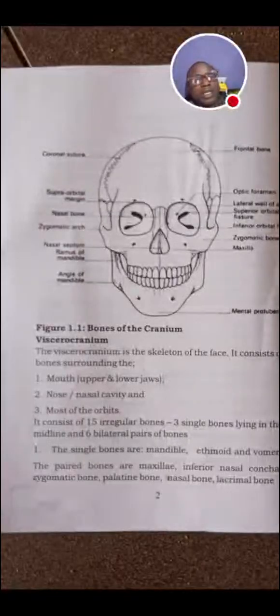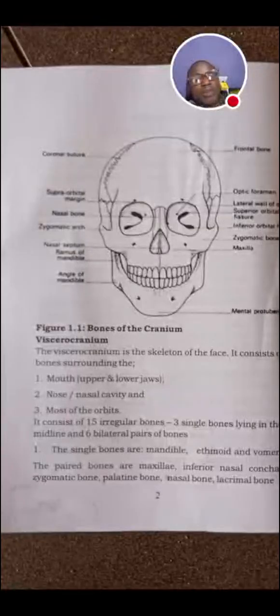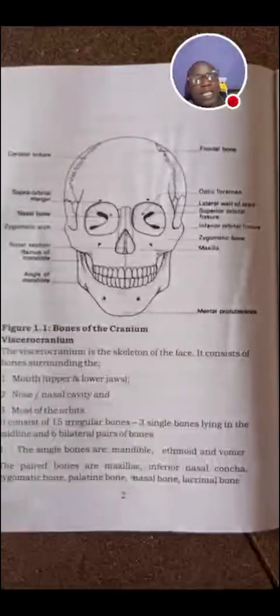The mouth is the upper and lower jaw, the nose is the nasal cavity, and the orbit includes 15 irregular bones, 3 single bones, and 6 bilateral pairs of bones.